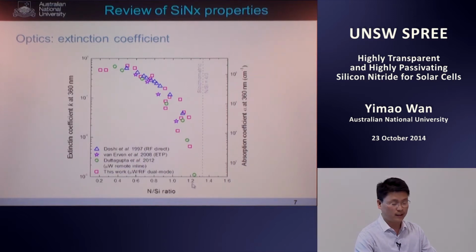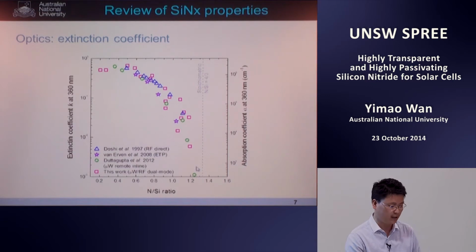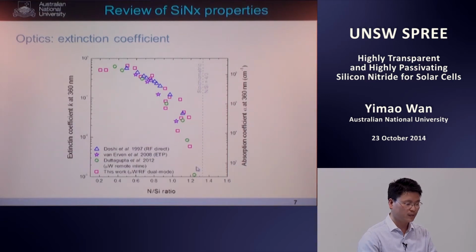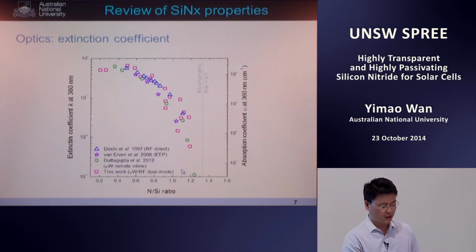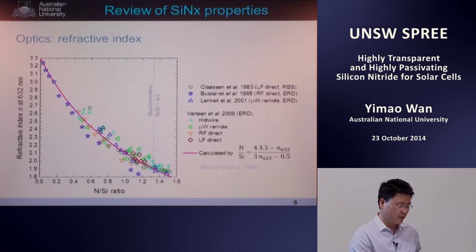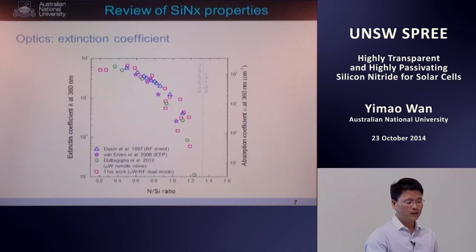That means as the silicon nitride becomes nitrogen-rich, with more nitrogen atoms, the absorption is low. Going back to the refractive index, the absorption coefficient generally decreases as the refractive index decreases.